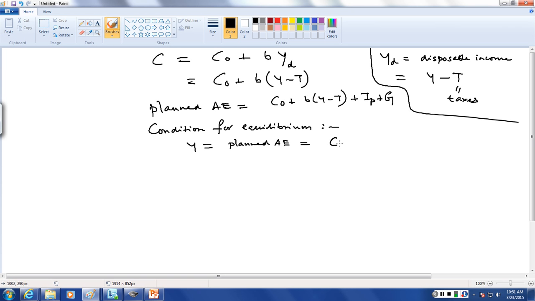And we can write this now as C0 plus B times Y minus T plus IP plus G. Let's open up this bracket here. We get C0 plus BY minus BT plus IP plus G. Are you all with me here? Take some time to catch up if you're copying this down.